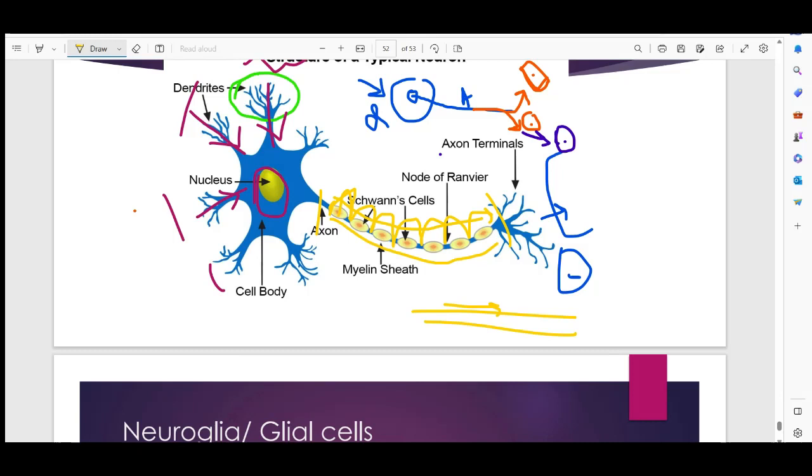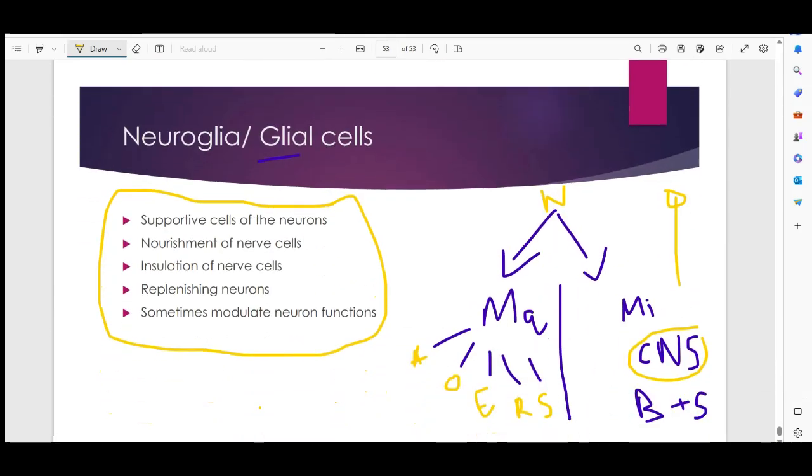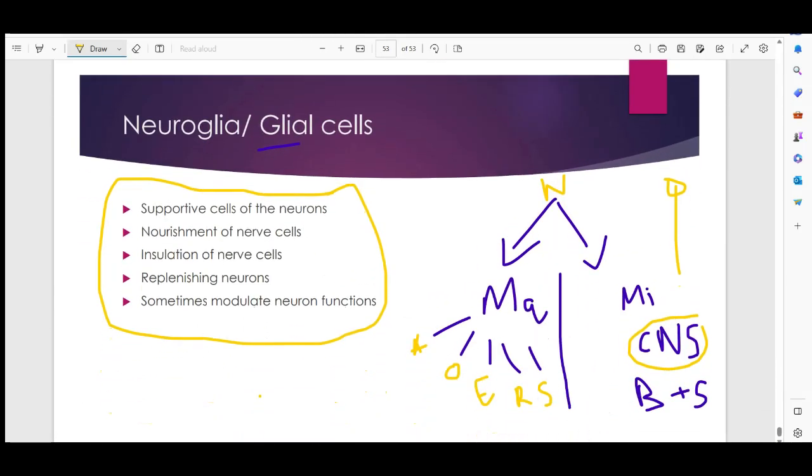Schwann cells are responsible in the peripheral nervous system for secreting this myelination, but in the central nervous system, oligodendrocytes are responsible for secreting these myelin sheaths. These differentiations are there, but according to our A level, we just talk about neuroglia cells and their functions.